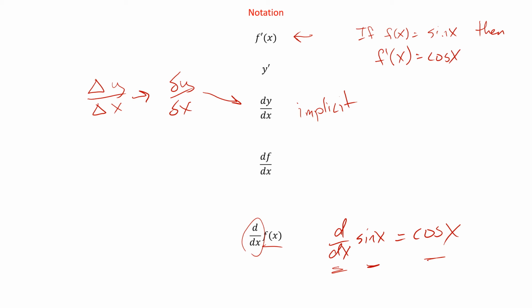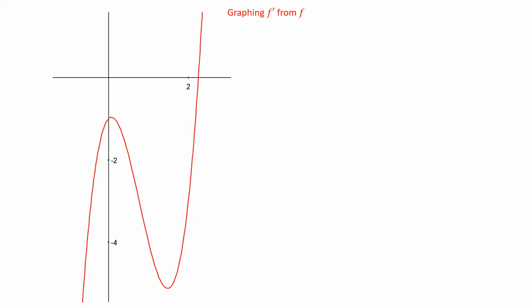So we just have to know that these mean derivative. Graphing. If we want to graph from the function to the derivative, so graphing the derivative from the function. Remember, the derivative is the slope of the tangent line. And so this is a bit of an art form, but the derivative is the slope of the tangent line.